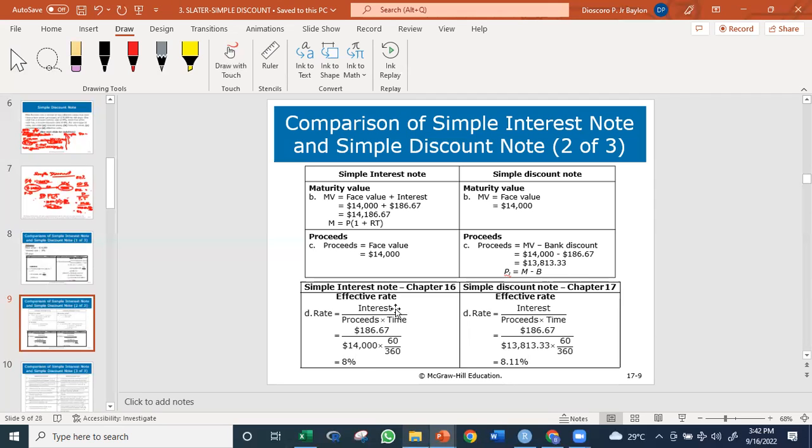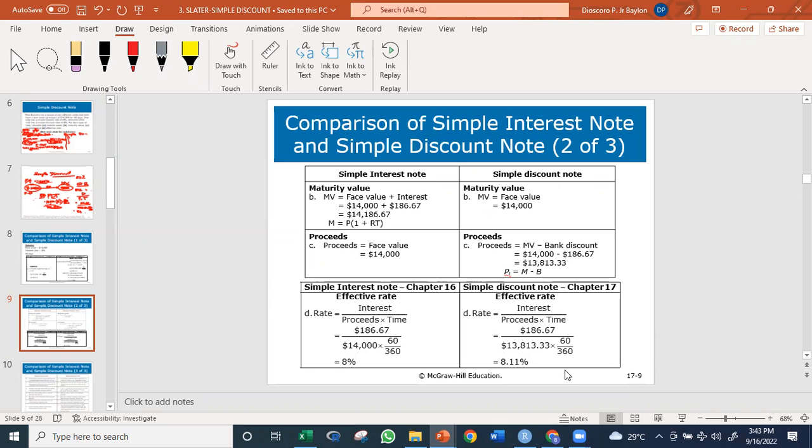Okay, so we have here the effective rate for the simple interest. It's also 8%. So the formula is interest over proceeds times time. On the other hand, here it's interest over proceeds times time. Same thing, but the proceeds is different. So you got, okay, tama yung computation nyo, 8.11. I still have to check with the rate kung bakit sa Excel, why it's giving us 8.39.